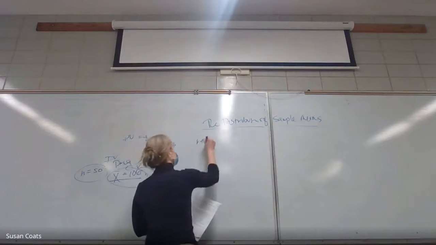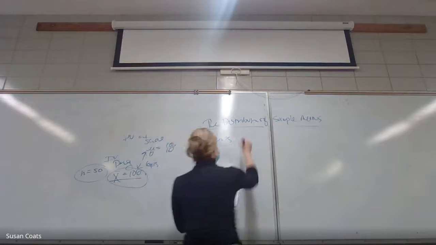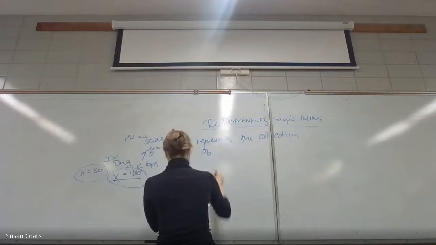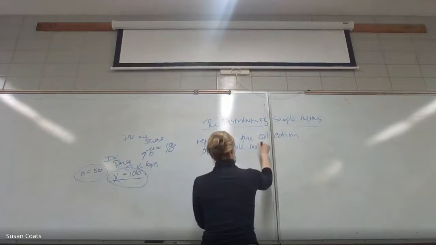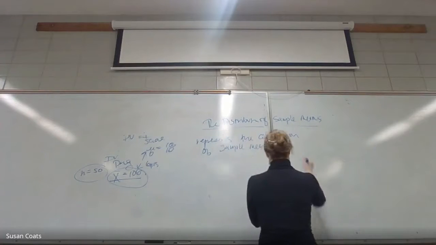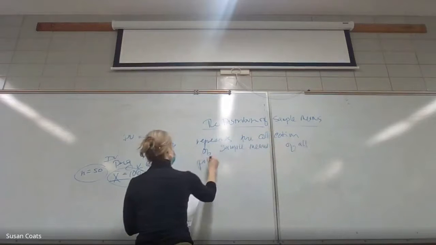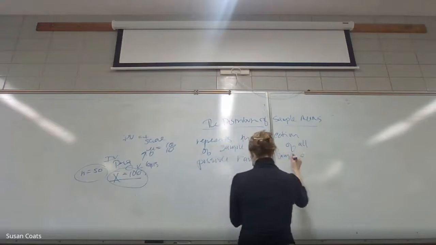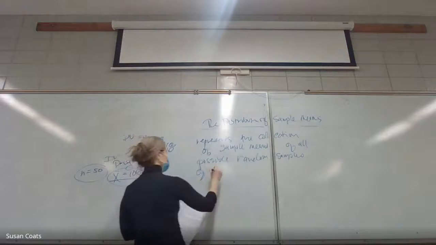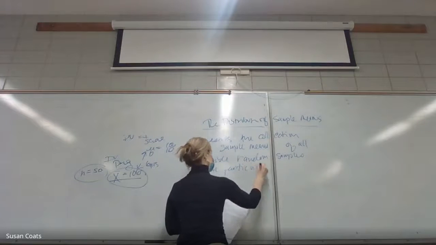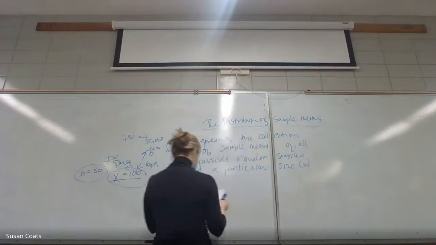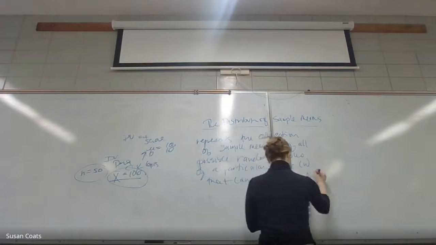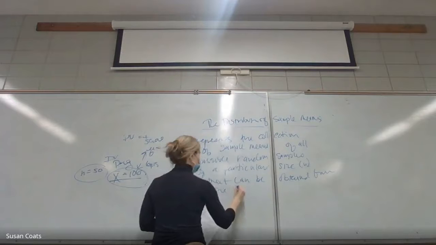It represents the collection of sample means of all possible random samples of a particular size, the size matters, as you'll later see, that can be obtained from the population.